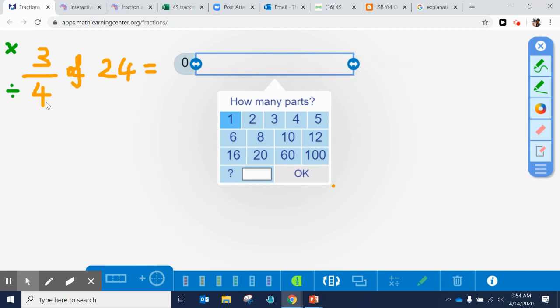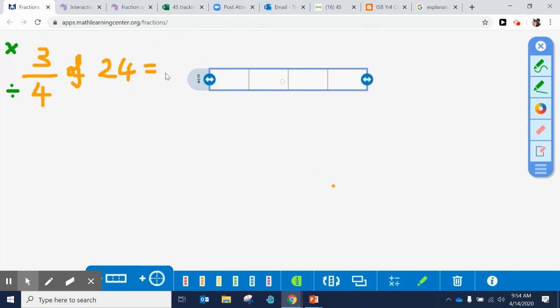So I need to split my shape into quarters because the denominator is 4. And my whole is 24. 24 divided by 4. Well, let's count up in fours. 4, 8, 12, 16, 20, 24. I counted up in 4 6 times.